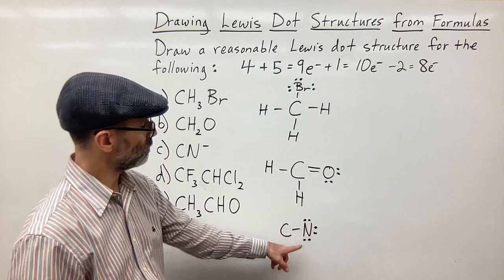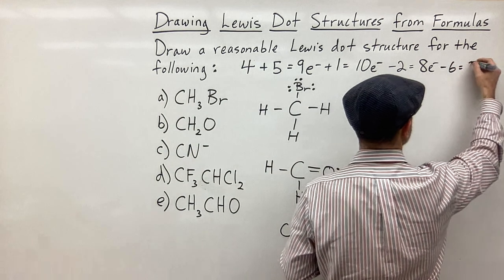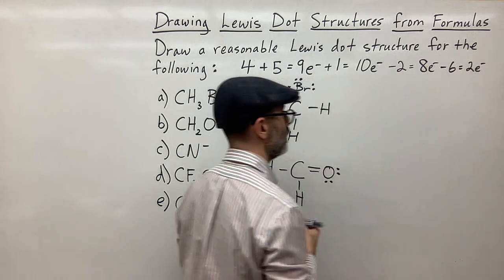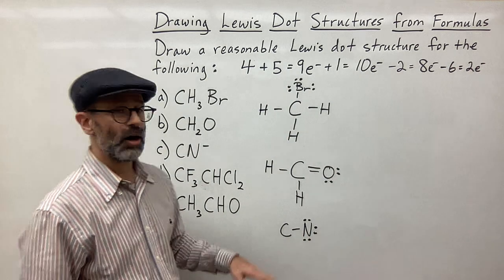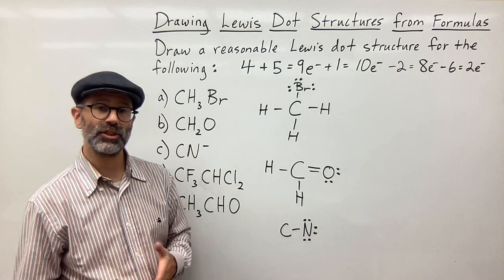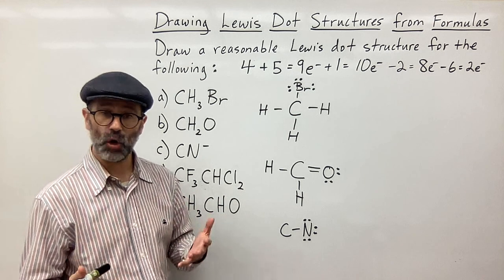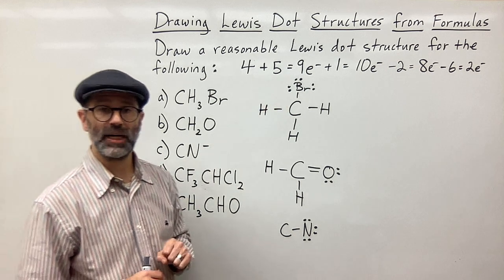So now we have to subtract out 6 electrons. So we're going to subtract out 6. And we have 2 electrons left. So now we go to step 4. Step 4 says that if you have extra electrons, you're going to put all of them onto your central atom as lone pairs. So I have 2 electrons left, so that's 1 lone pair.